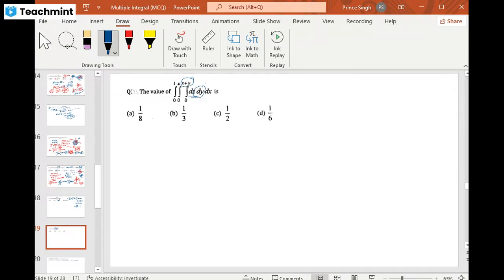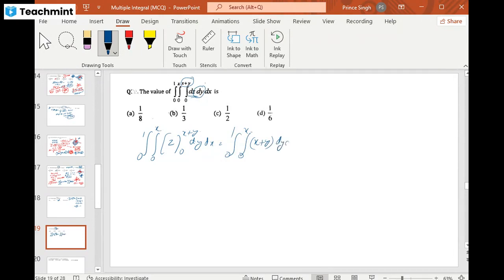Okay. So how do we evaluate this integral? When we are integrating with respect to one of the variables, we treat the other variables as constants. So integral of dz is z with the limit 0 to x plus y, dy dx. So 0 to 1, 0 to x. Integral upper limit is x plus y, lower limit is 0.